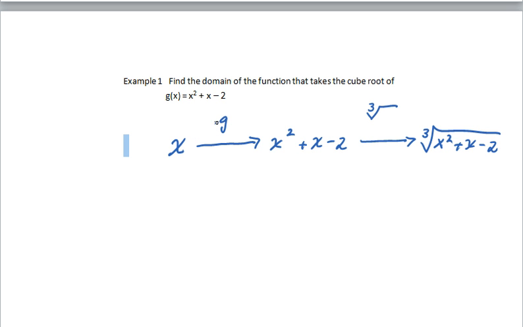Notice that the domain of g would be all real numbers because x can be any real number when a polynomial function is formed.